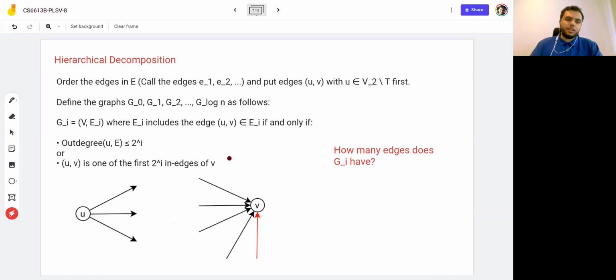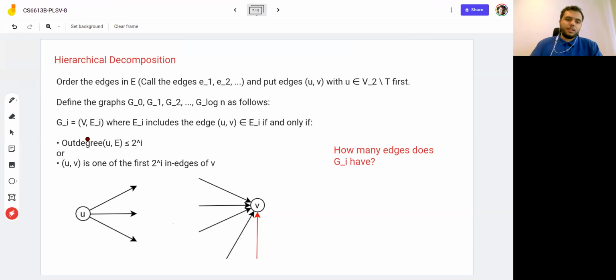So can you give me a bound on, let's say if I look at G5. So this contains all the edges that come from a vertex that has an out degree of at most 2 to the power of 5. And it also contains the 2 to the power of 5 first in edges of every vertex. So what is the total number of edges that this graph can have?